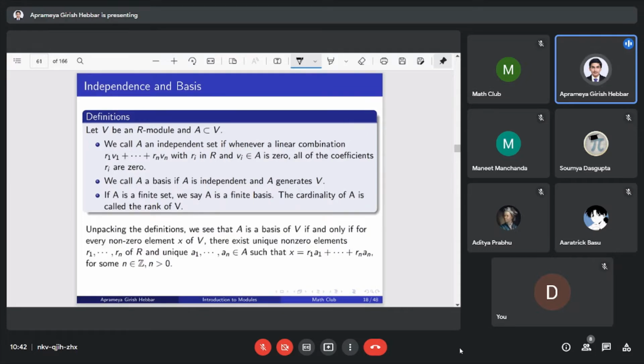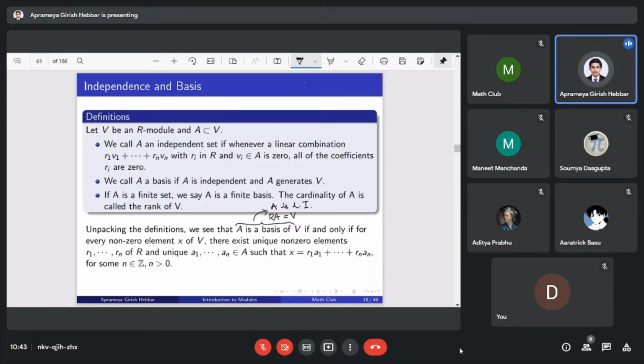So let's unpack the definition. What does it mean for A to be a basis? It means two things. Firstly, A is linearly independent, and RA equals V. What does RA equal to V mean?